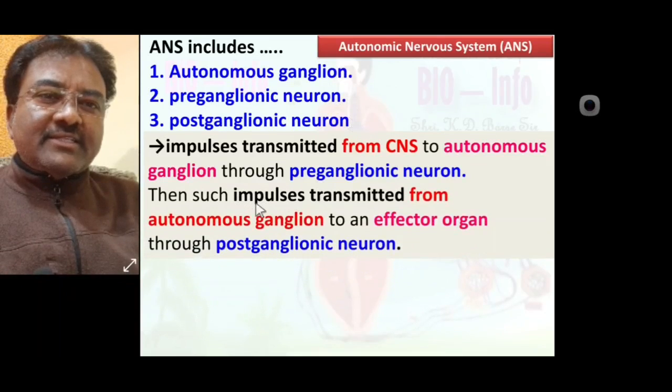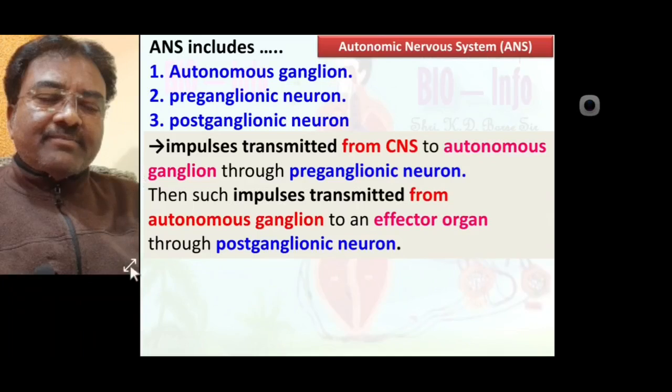Then these impulses are transmitted from the autonomic ganglion to an effector organ through the post-ganglionic neuron.